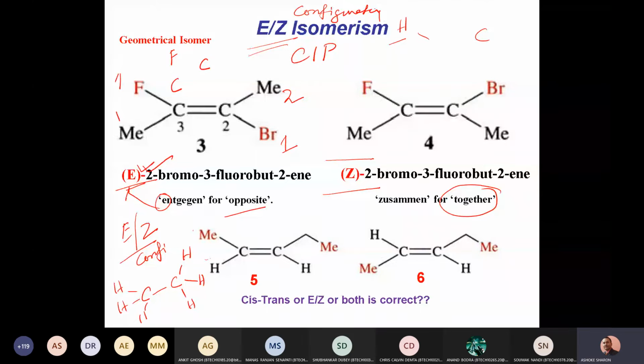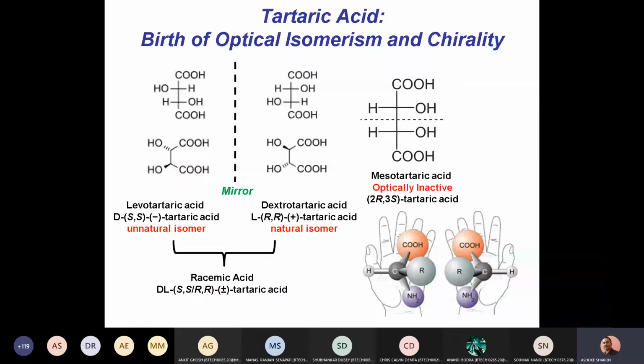Now let me go to the tartaric acids. I had given you a brief introduction before about tartaric acid, and what optical activity is. I don't know whether you have refreshed your previous book or chapter or not, but tartaric acid is one of the examples.